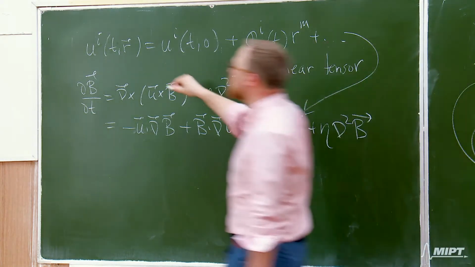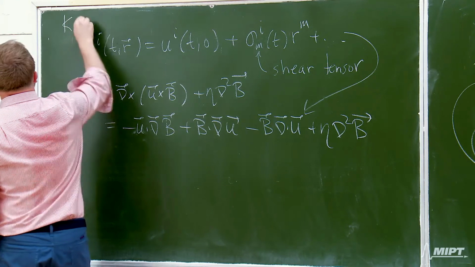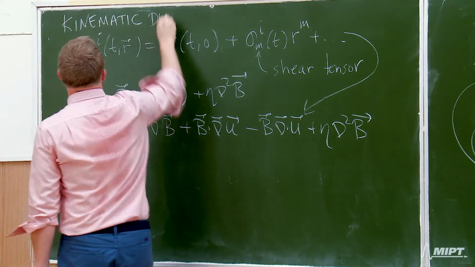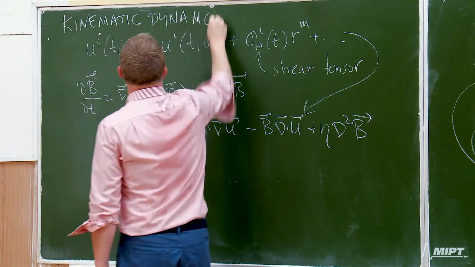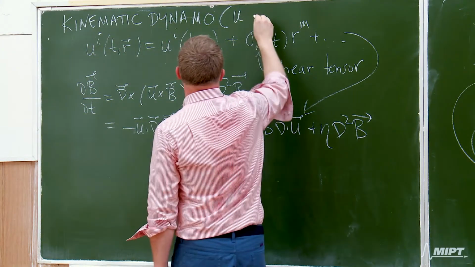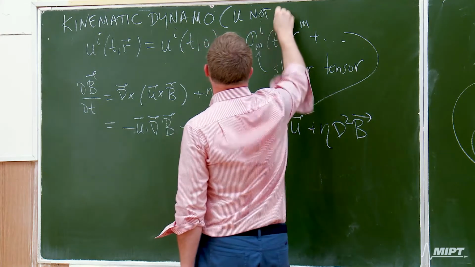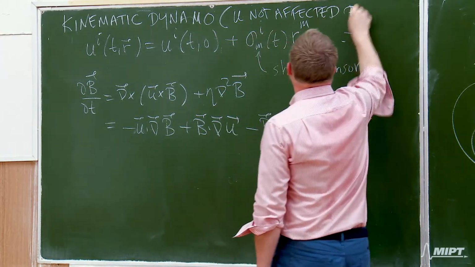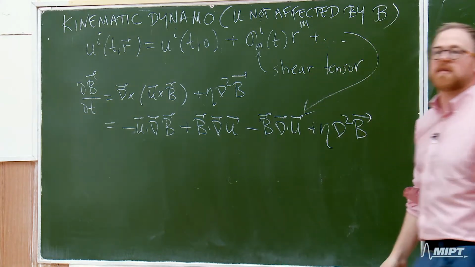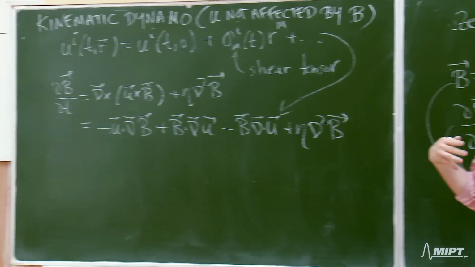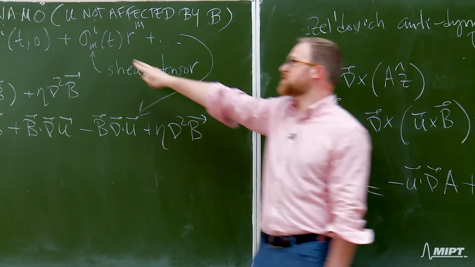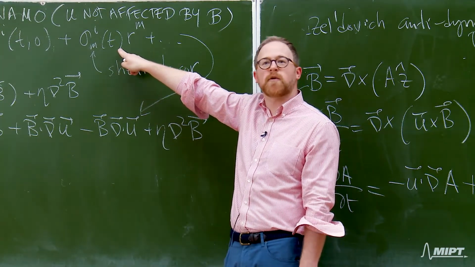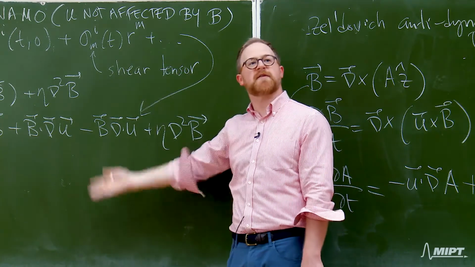So this thing is called a kinematic dynamo. It's that the flow that you're considering is not affected by B. There's no back reaction because of a Lorentz force, which means I'm just going to specify U. Suppose I know it. I'm just going to specify it. I'm going to say for this velocity field, is the magnetic field amplified or not?